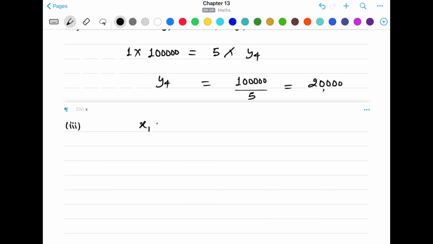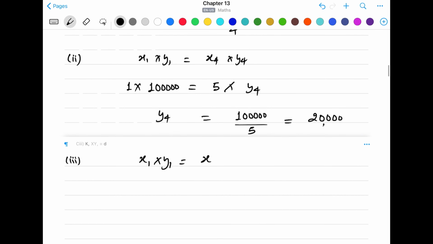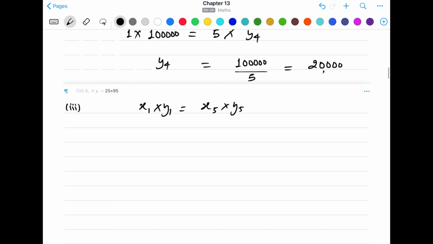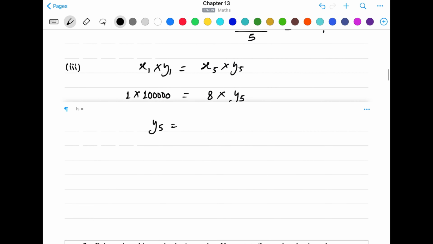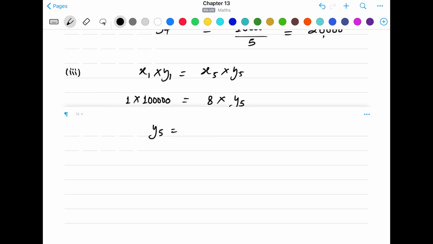In part third we have x1 multiplied by y1 equals x5 into y5. So x1 is again 1, y1 is 1 lakh, x5 is 8, y5 we have to calculate. So y5 from here will be 1 into 1 lakh, again 1 lakh, divided by 8.